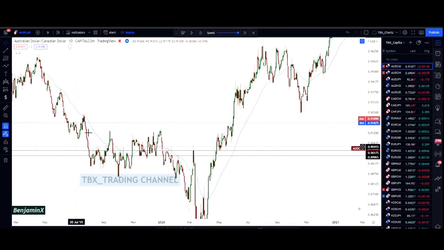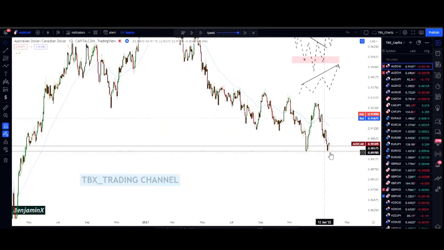Anytime price gets to this area, even when price got to this area the first time, there was a very big pullback. Price went back instantly. Now price is coming back to the zone the second time. Price can either break this zone and continue a very serious downtrend, or this zone is strong enough to actually push price back up.